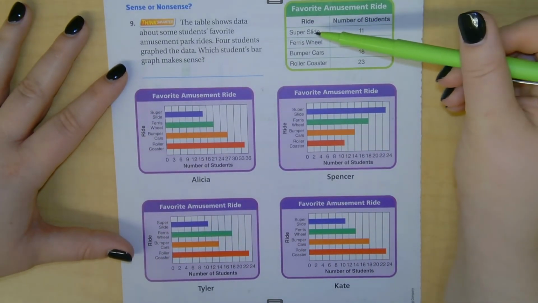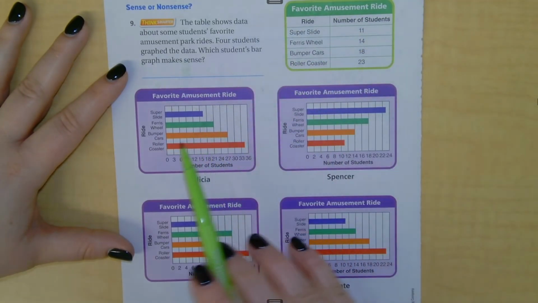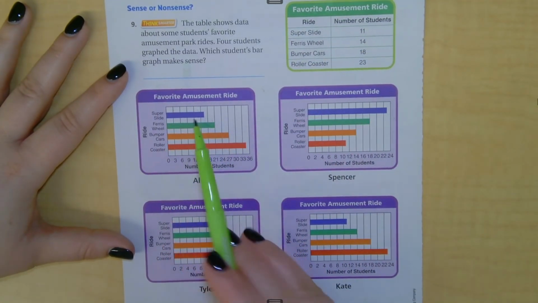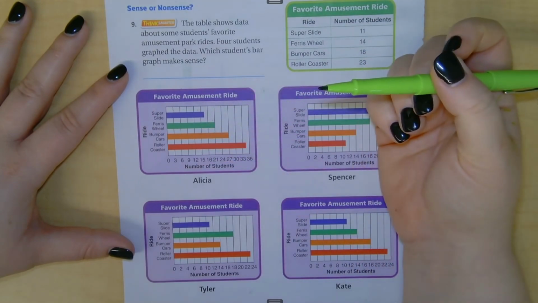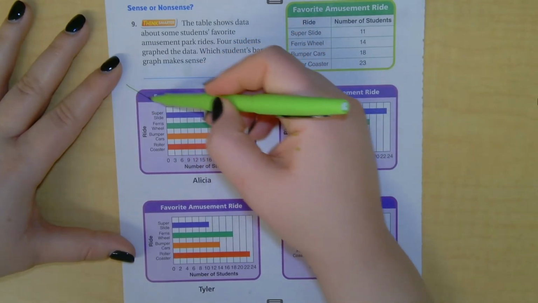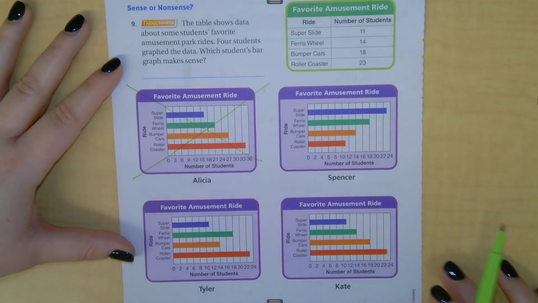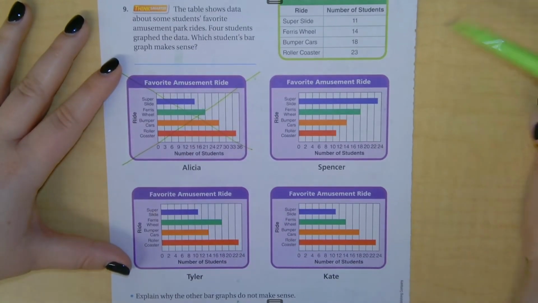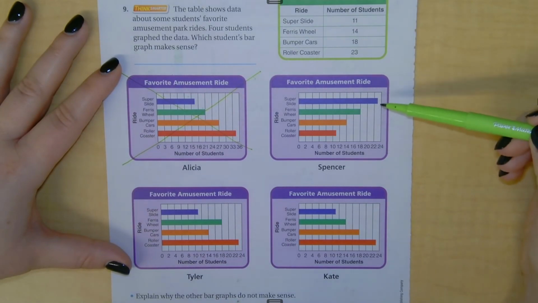Now, our frequency table says super slide should have 11. Here we go. On Alicia's table, super slide stops halfway between 15 and 18. That is way more than 11. So I automatically know Alicia's table is not correct. So I can cross her table off. Spencer's table, his super slide goes all the way between 22 and 24, which means it's 23.